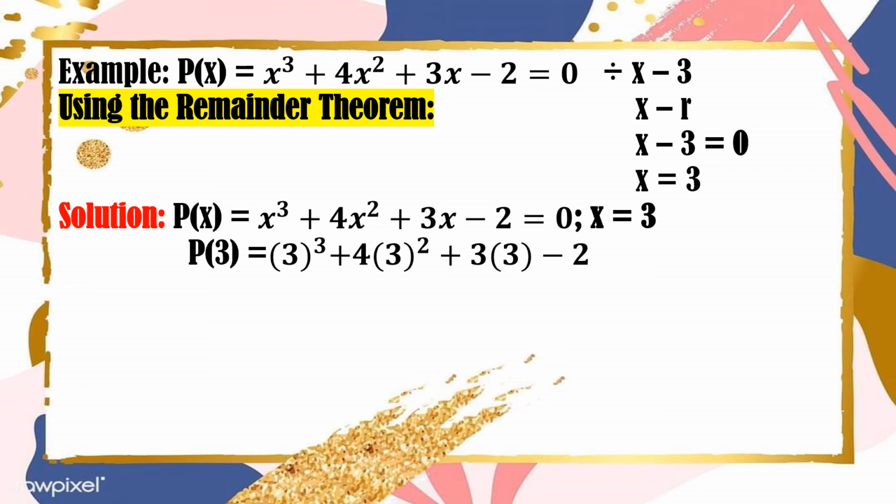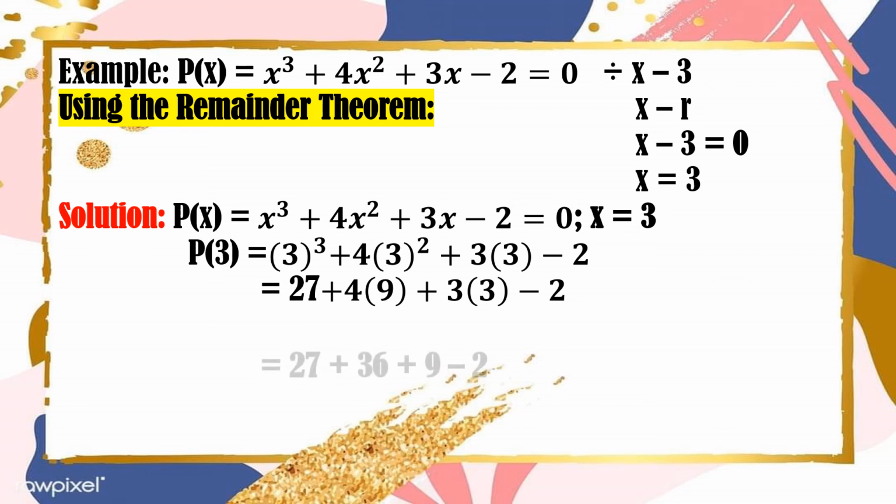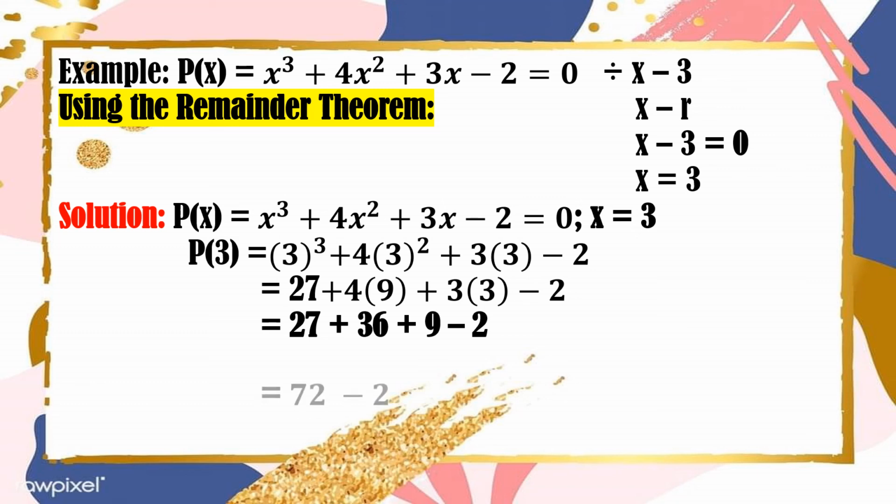So, p of 3 is equal to the quantity of 3 cubed plus 4 times the quantity of 3 squared plus 3 times the quantity of 3 minus 2, which equals 27 plus 4 times 9, that is 36, then 3 times 3, that is 9, minus 2.